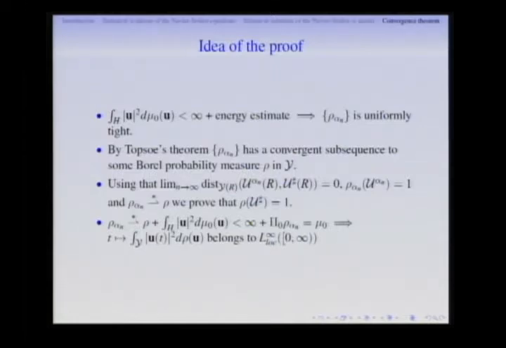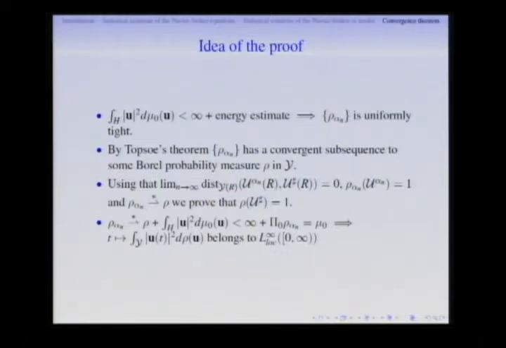To do that, we just use what we already have in hand: that the distance between these two trajectory spaces goes to 0, that rho alpha n is an alpha Vishik-Fursikov measure, and that we have this convergence. Then we can conclude that rho is carried by the trajectory space of the Navier-Stokes equations. And also using our hypothesis, we can conclude the other part of the definition of Vishik-Fursikov measure.